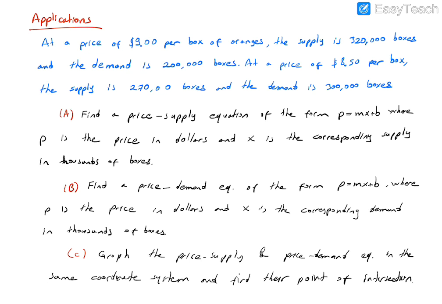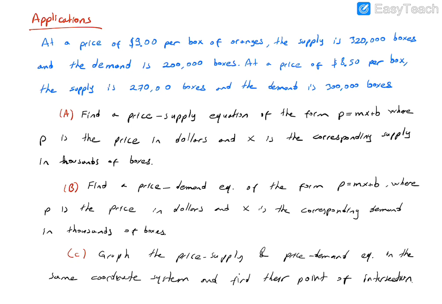Let's look at the example. At a price of $9 per box of oranges, the supply is 320,000 boxes and the demand is 200,000 boxes. These sentences give us some information about the price supply equation.